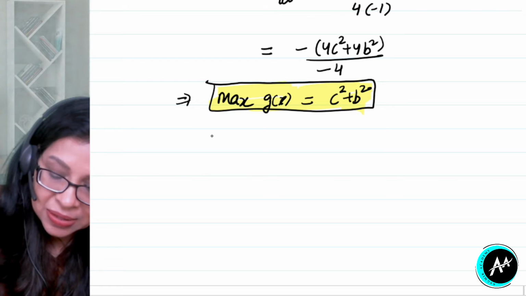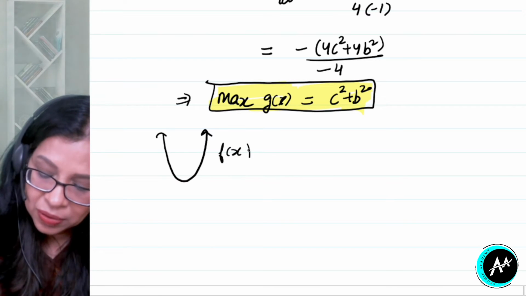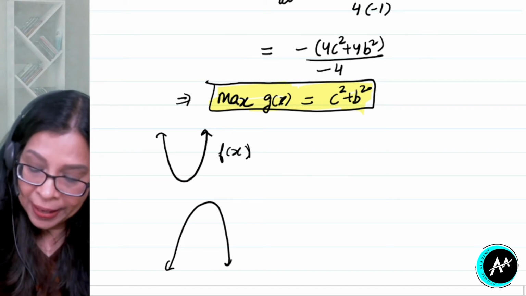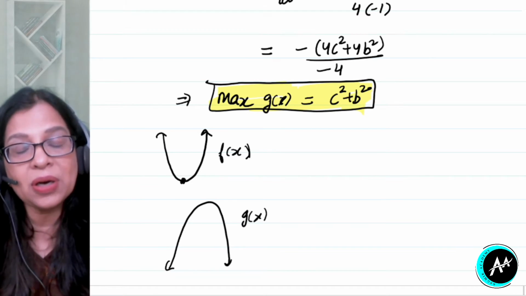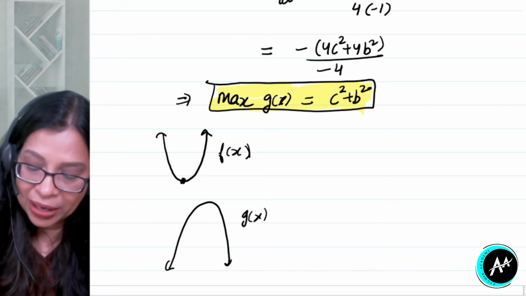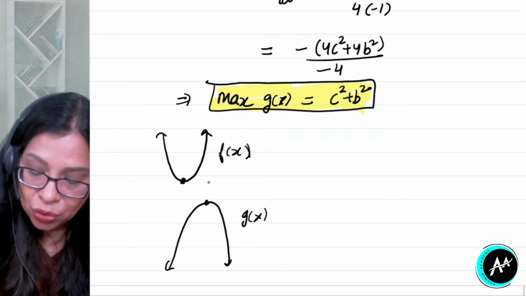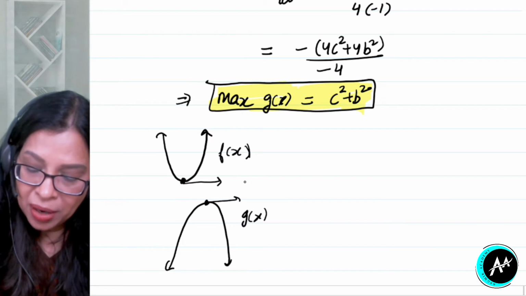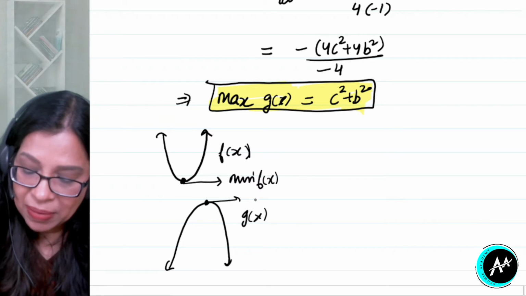Now look here, suppose this is f(x) and we have this, suppose g(x). Is it okay? So you can see this is the minimum value of f(x), and this is the maximum value of g(x). Can you see that this value is greater than this one? So that means minimum f(x) is greater than maximum g(x).